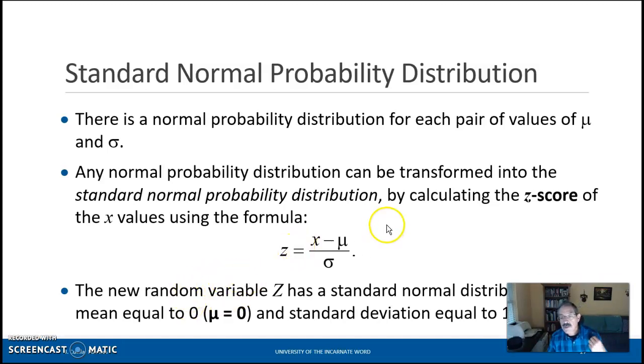So this new random variable z, whose values are the z-scores, is called the standard normal distribution, and you know that standard normal distribution, because there is only one, has a mean of 0 and a standard deviation of 1.